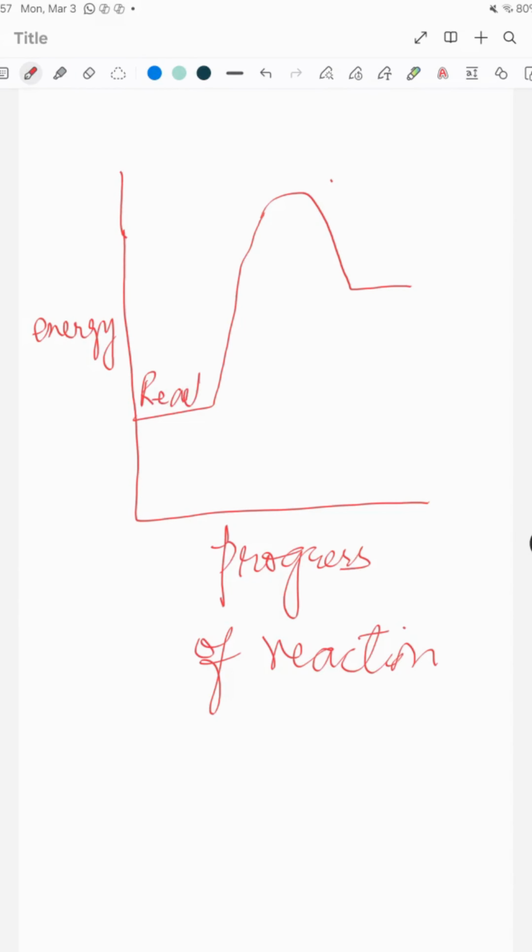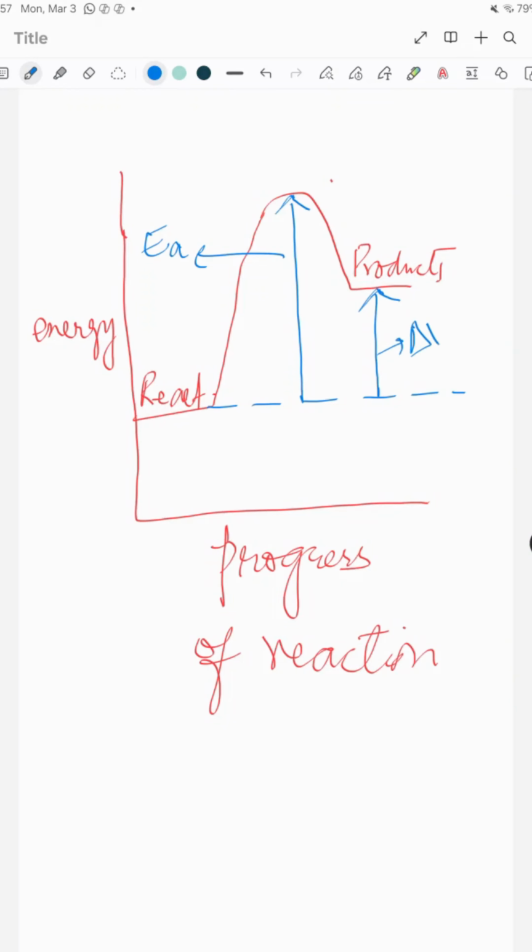Here are the reactants and here are the products. Next, this one is the activation energy, whereas both arrowheads will be upward, and this one is the enthalpy change. This is the energy profile diagram for the endothermic reaction.